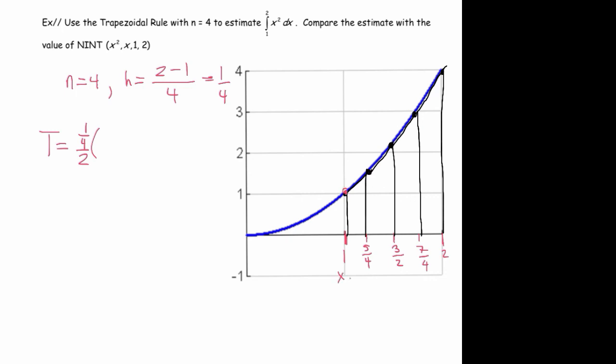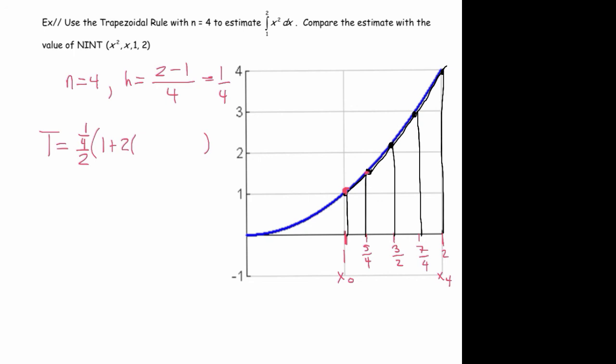This is x sub 0, and this is x sub 4. So the y value of that point is 1. And then I double everything on the inside. So what I like to do is I put a big 2 here and add up all those values on the inside, because we're just multiplying them all by 2.